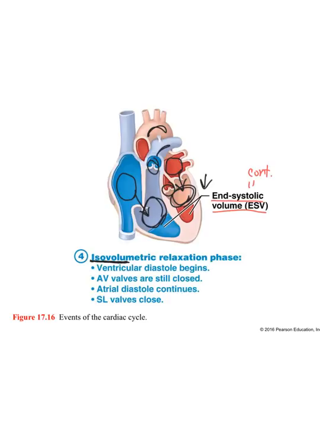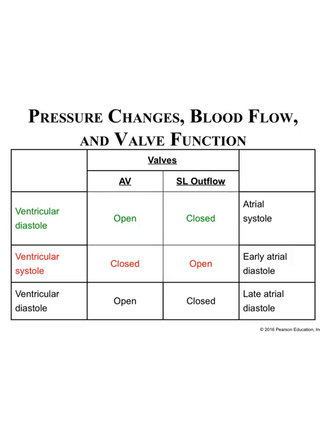Okay, there's definitely some that remains. So this simple chart just helps to understand when each chamber is in relaxation or contraction, and which valve is going to be open or closed. And again, the primary chamber we're talking about when you're talking about circuits or pressure is the ventricles.